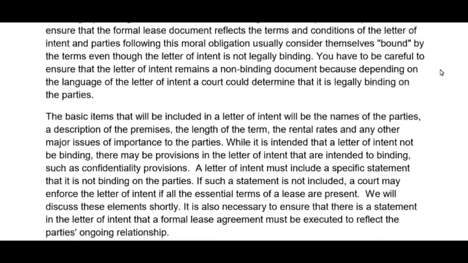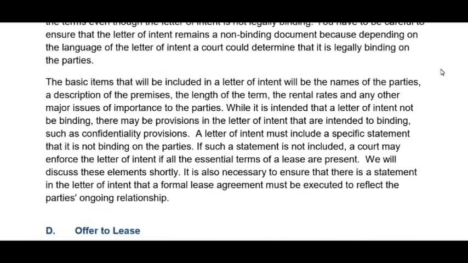parties. The basic items that will be included in a letter of intent will be the names of the parties, a description of the premises, the length of the term, the rental rates, and any other major issues of importance to the parties. While it is intended that a letter of intent not be binding, there may be provisions in the letter of intent that are intended to be binding, such as confidentiality provisions.